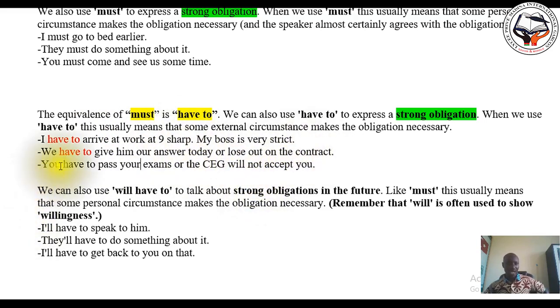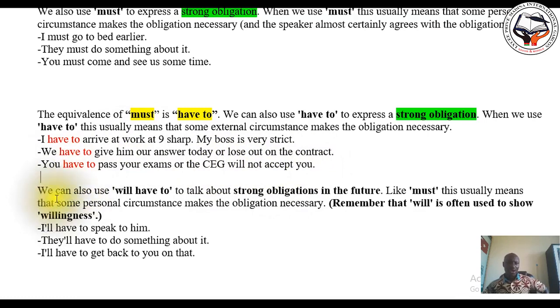You have to pass your exams, or the college will not accept you.